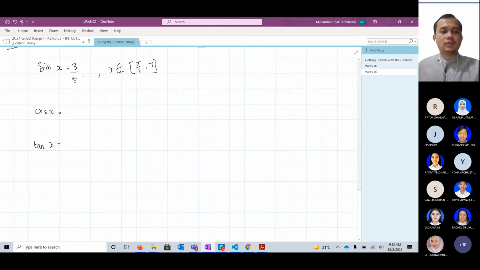So this should be easy, but we need to make some picture first. If x is in this interval from pi/2 up to pi, in which quadrant does it lie in the Cartesian plane?